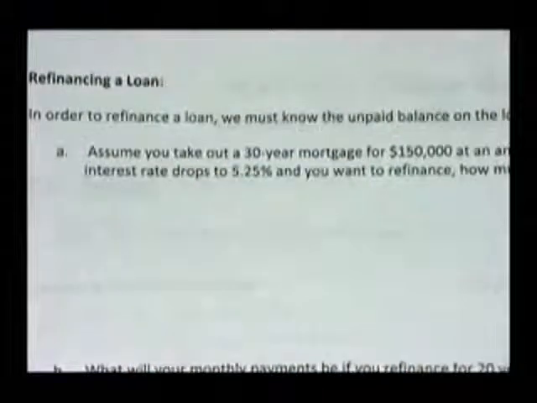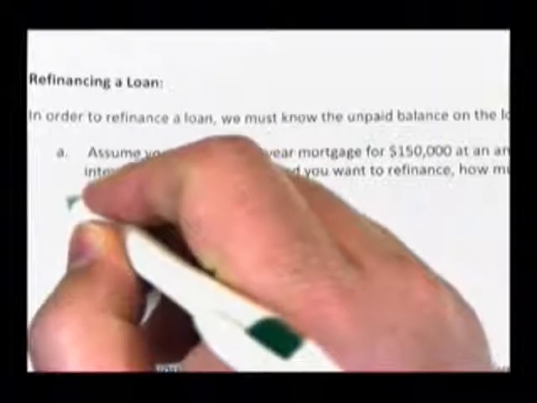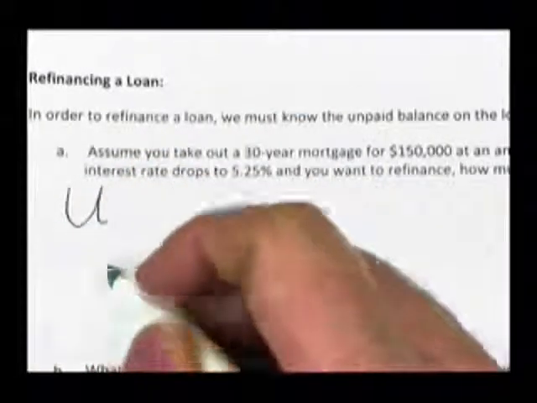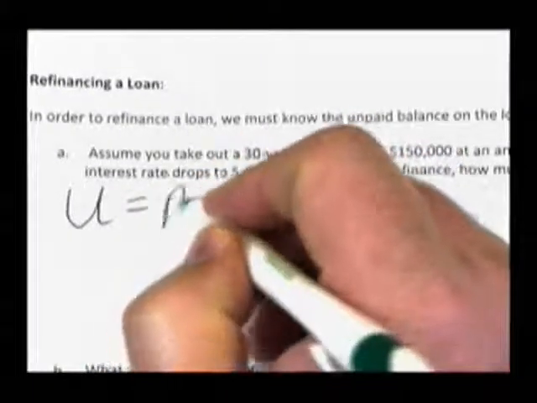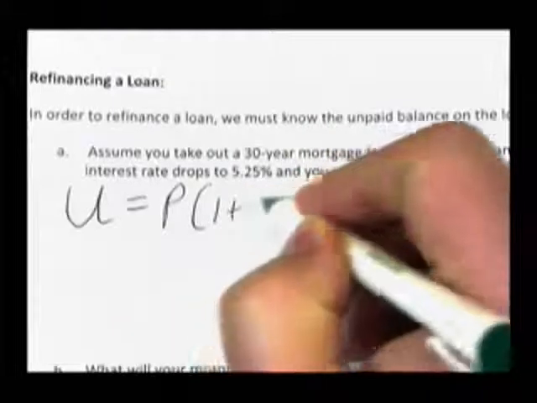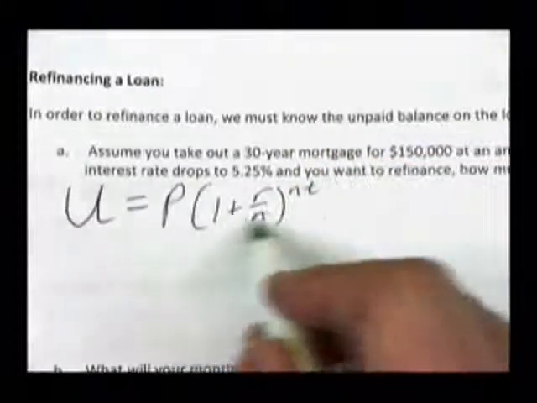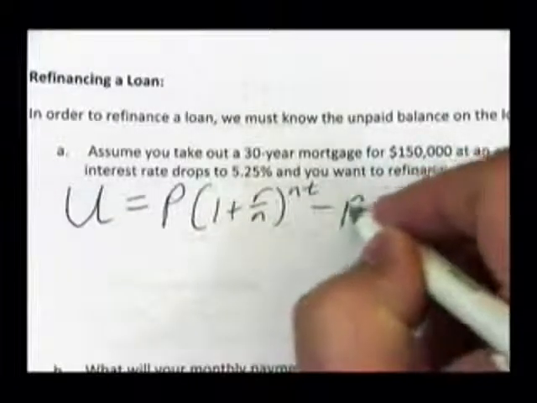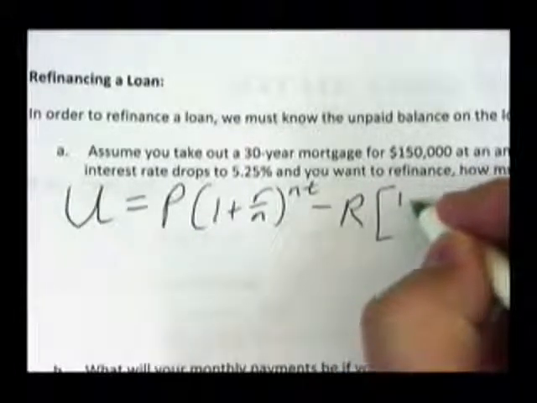One is you can use the formula. In order to do that, you'd use a little variation of the formula we saw before. You'd say U, which is your unpaid balance, is equal to P times (1 plus r over n) to the nt, which is your future value at whatever point you're interested in, minus your payments that you've already made towards it so far.